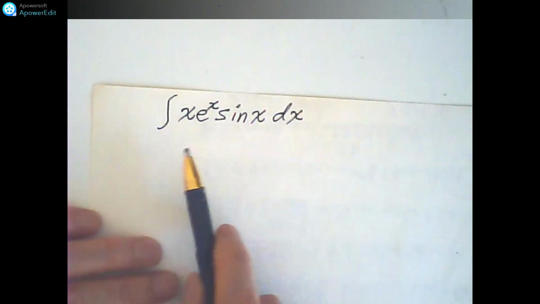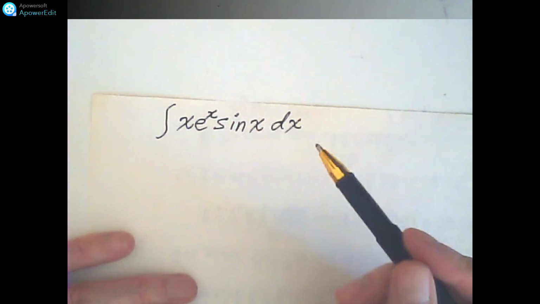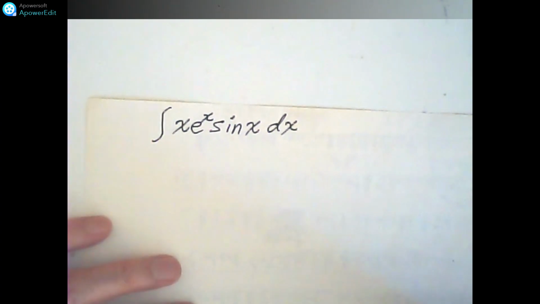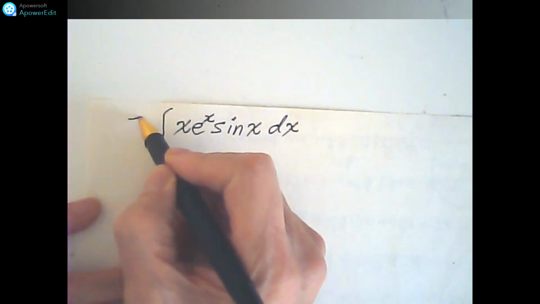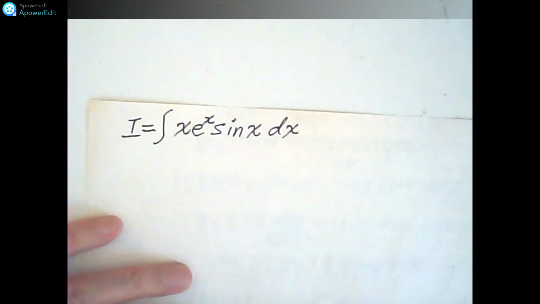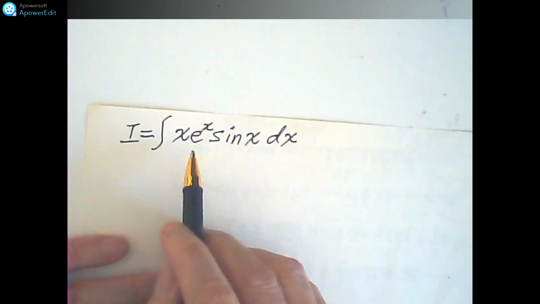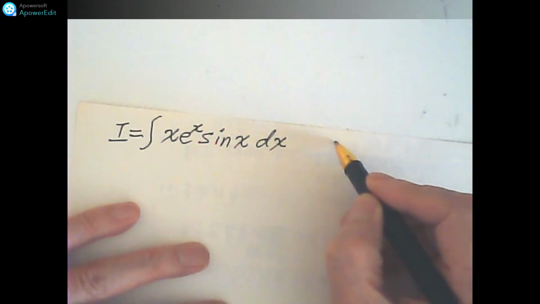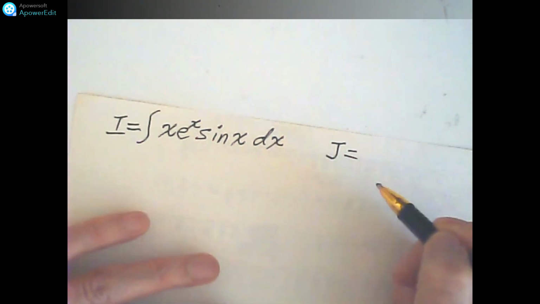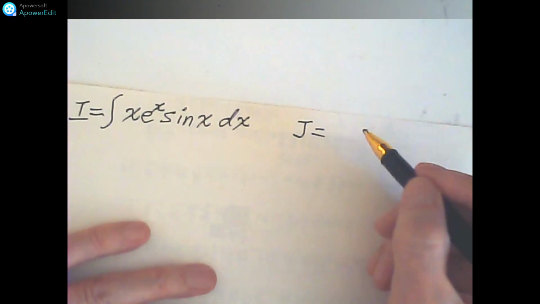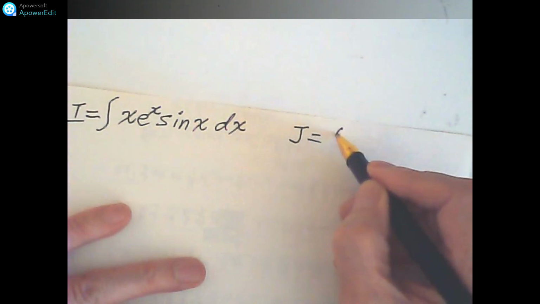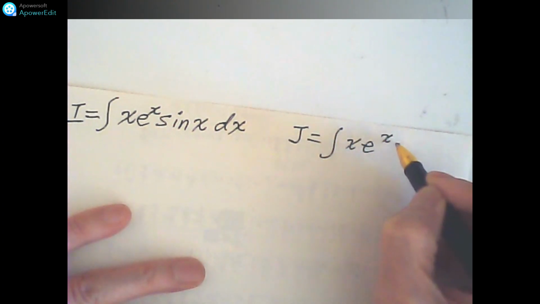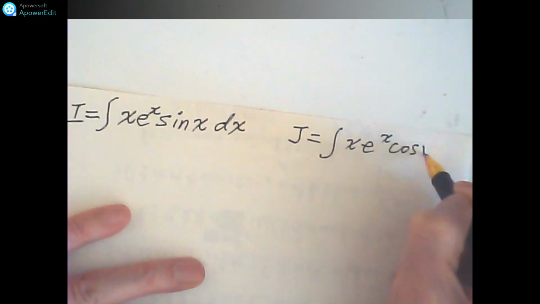Fourth method. Method 4. This is a very good method. Really, really very good. I'll let this integral be I. So I is my target integral. And I introduce another integral J, which is the integral of x e to the x times cosine x dx.